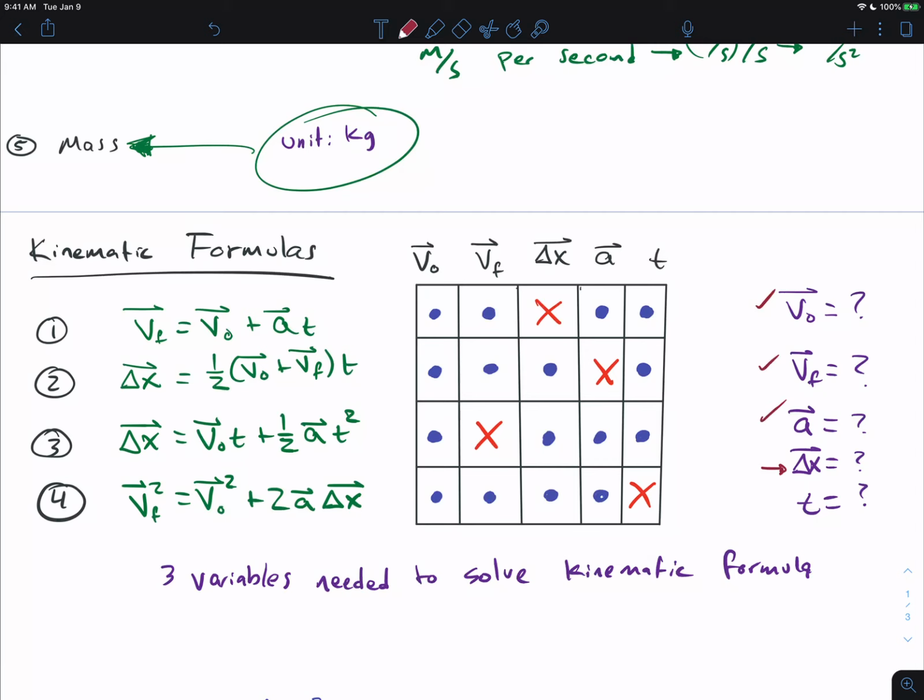What I need to do is I need to look for a formula that has these 4 pieces. I don't care about time because I don't know it. I don't know what it is, but also I'm not looking for it. So I can just pretend time doesn't exist for this problem. So I only need these 4. So I'll look for a formula that has all 4 of these parts, and that's the one that I will use.